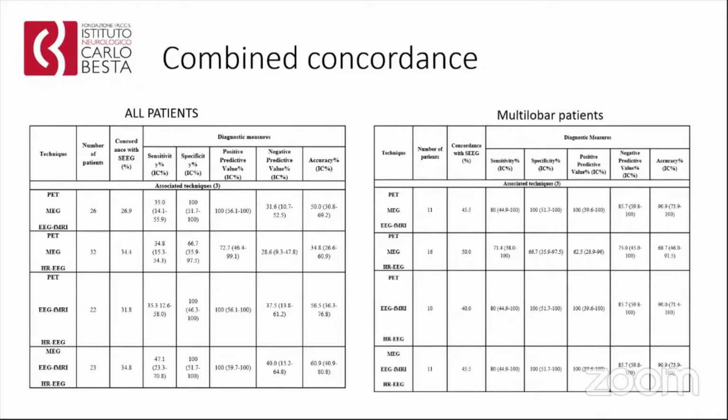So we cannot say that it is useful to use more and more techniques than just a couple. In the case of multilobar patients, on the other side, in all the cases we have an improvement in the accuracy.